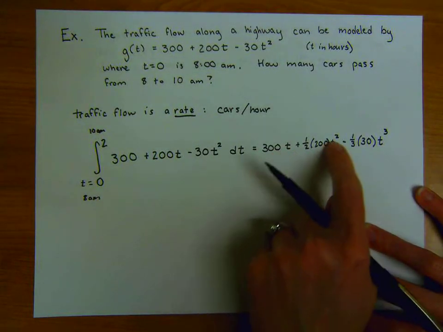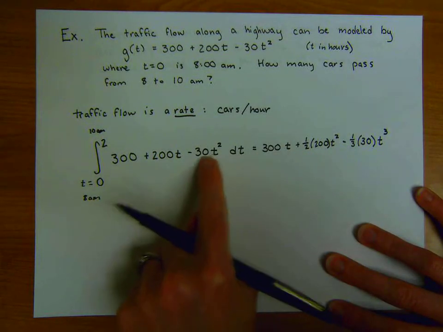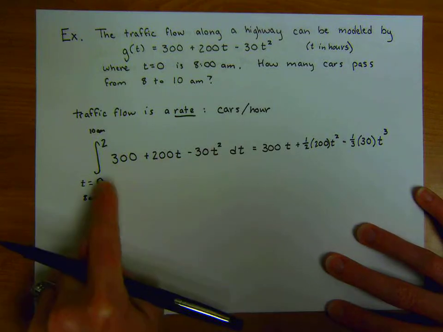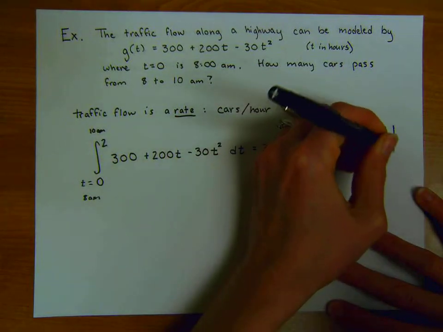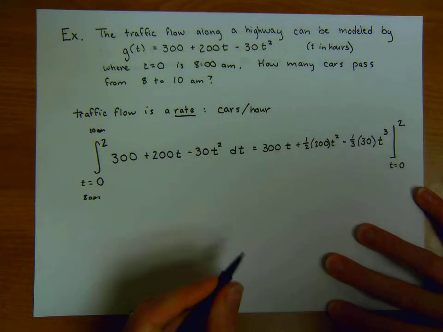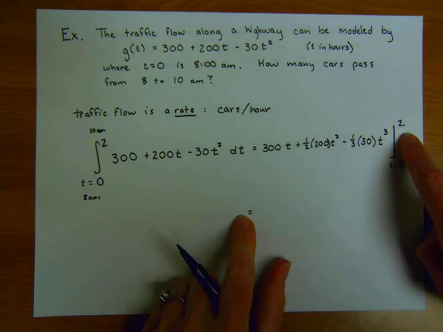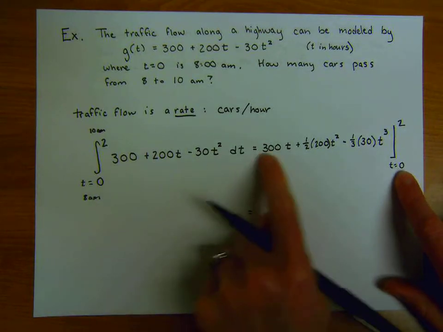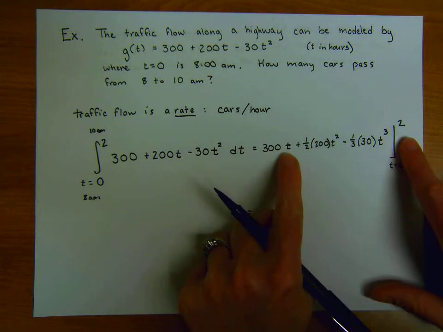So this is an antiderivative of this rate function, and I want to evaluate it as t goes from 0 to 2. The top bound is 2, the bottom bound is 0. This simplifies quite a bit, and I'll write out some of that simplification.